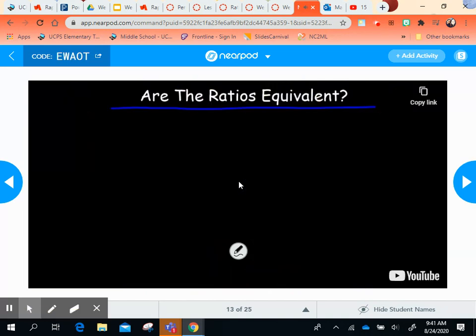In this lesson, we're going to talk about equivalent ratios. So let's say we have the ratio 8:6 and 12:9. Are the two ratios equivalent to each other? What would you say? How can we tell? How can we find the answer?